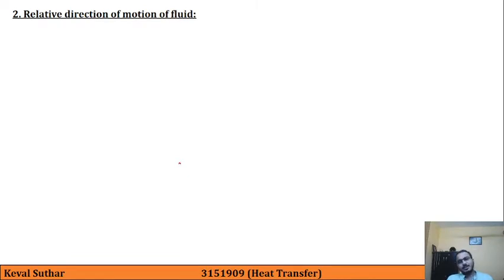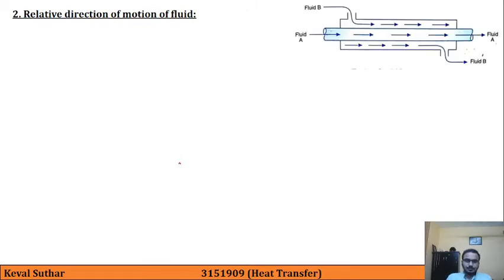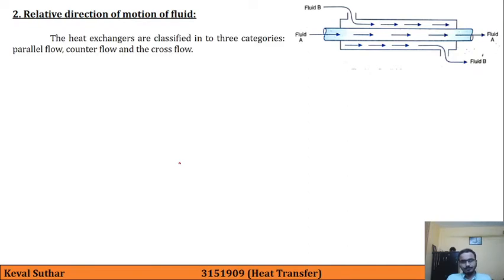Now second way to classify heat exchangers is relative direction of motion of fluid. So the heat exchangers are classified into three categories here. First is parallel flow heat exchanger.